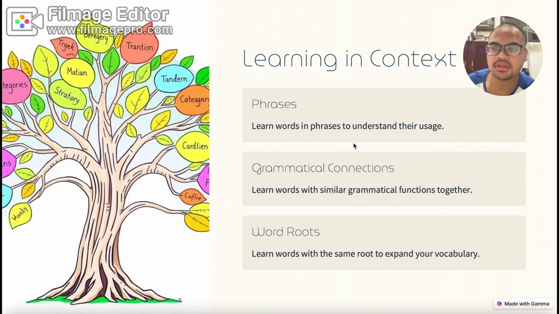Secondly, grammatical connections. Learn words with similar grammatical functions together in order to check for possible association or synonym. And then the third, word roots. Learn words with the same roots to expand vocabulary.